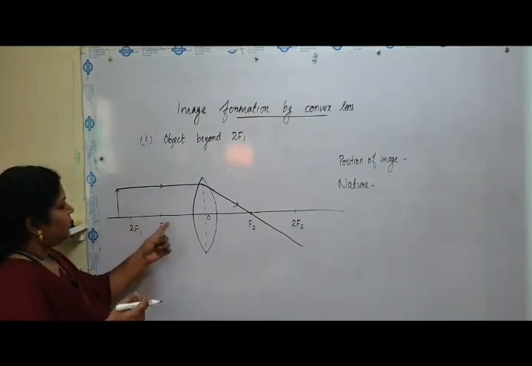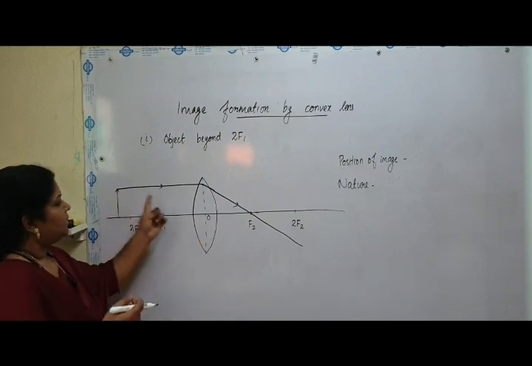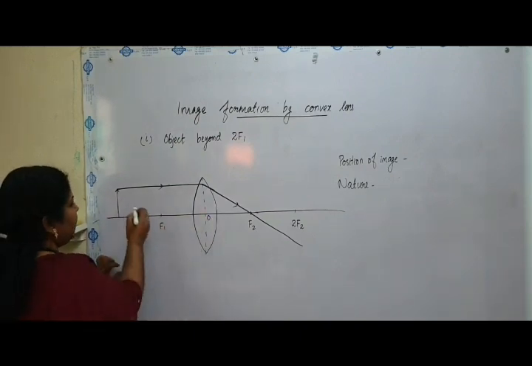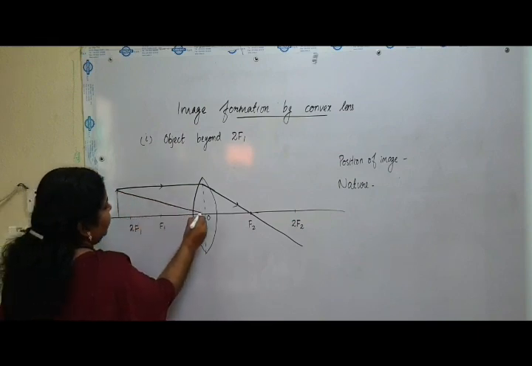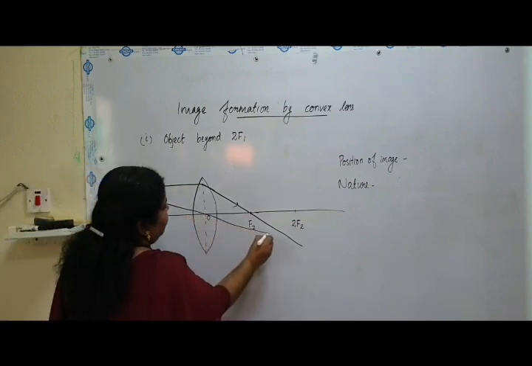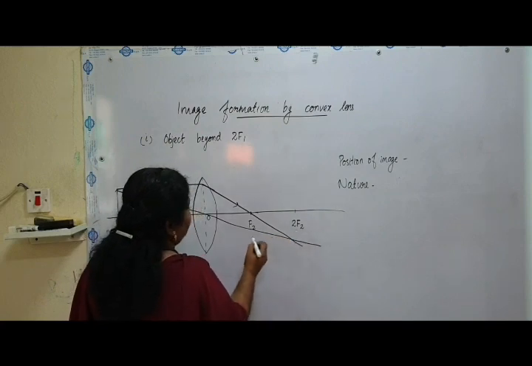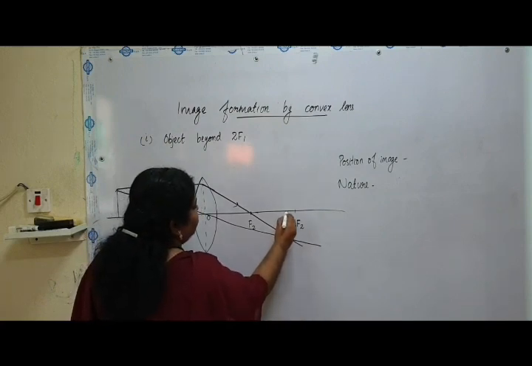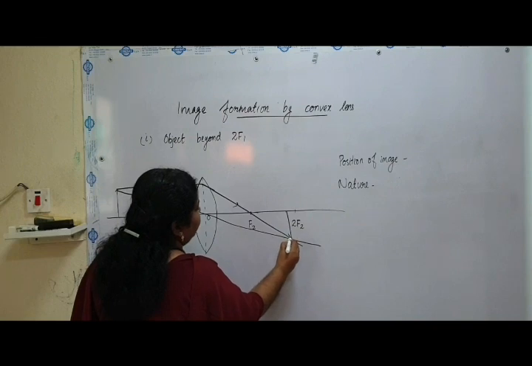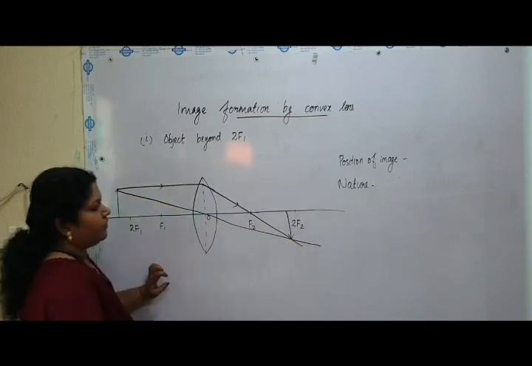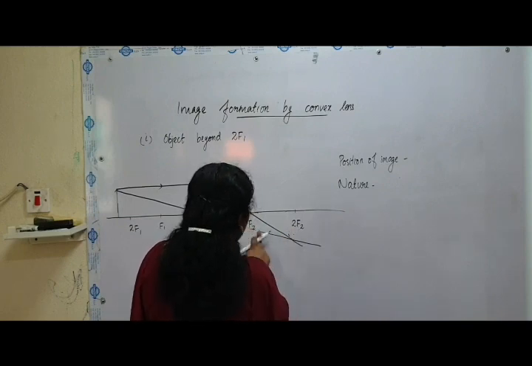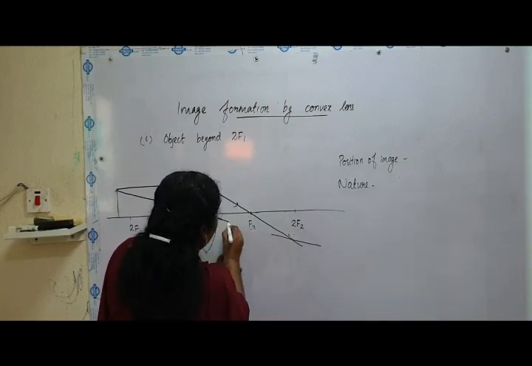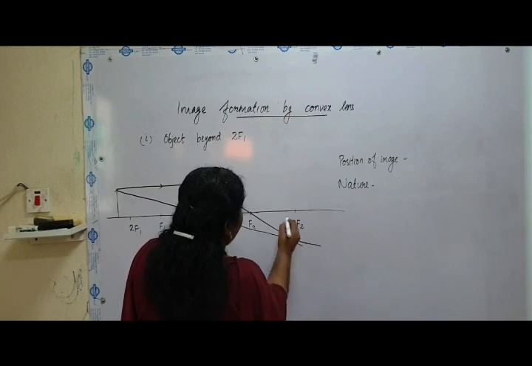Either you can take through F1 or you can take through the optical center. If you are taking through optical center, that will be easy because it is a straight line. Try to draw with the scale. So here the image is formed.